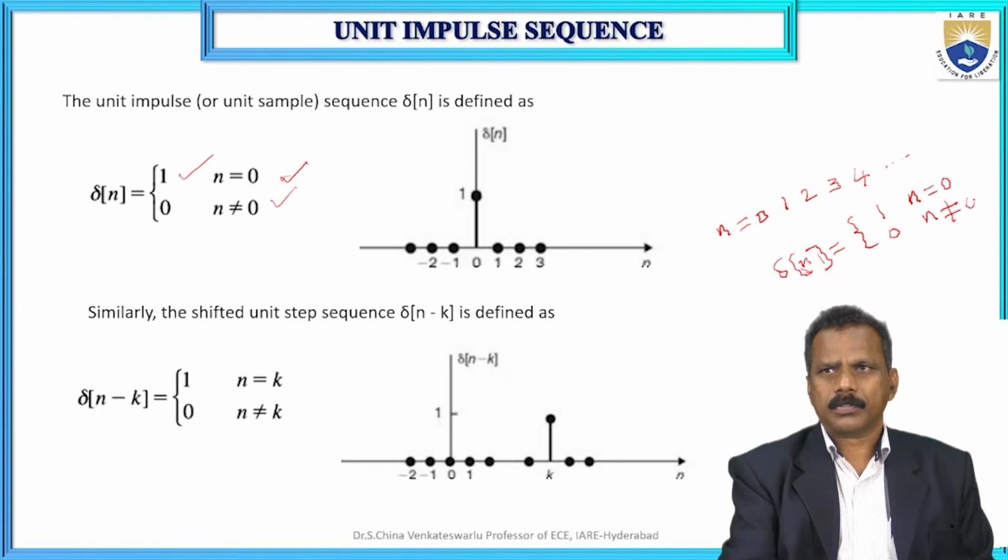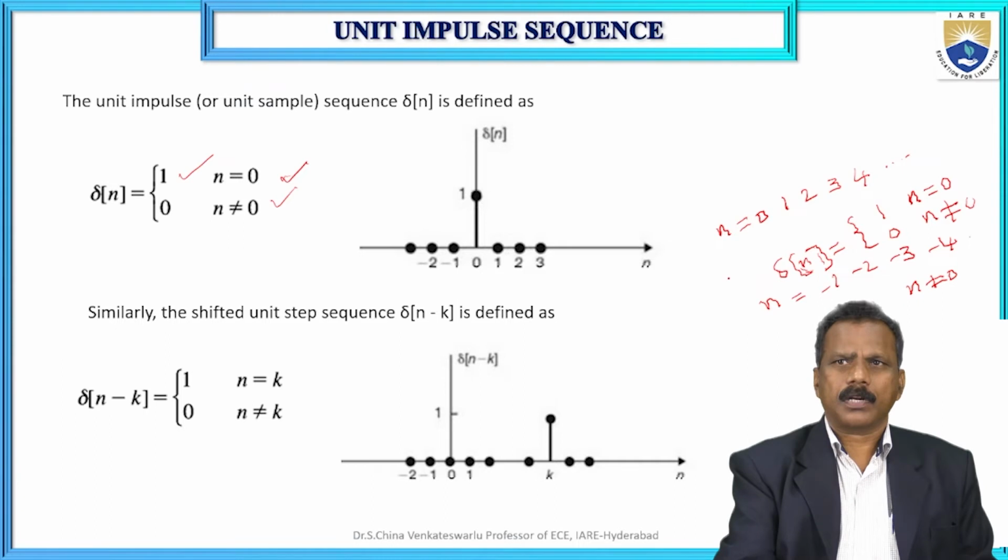So go on substituting all these values, where n is equal to minus 1, minus 2, minus 3, minus 4 and so on, up to where n is not equal to 0.